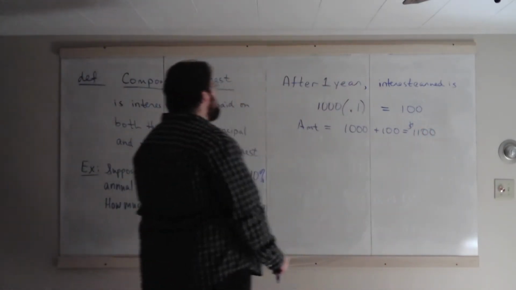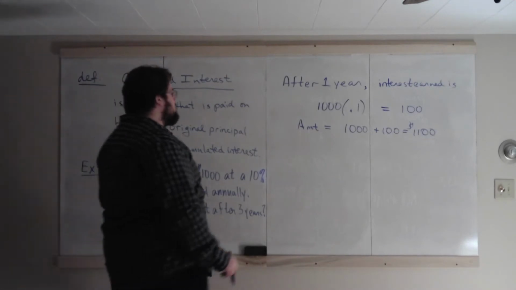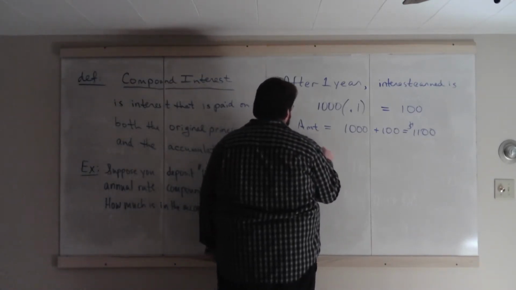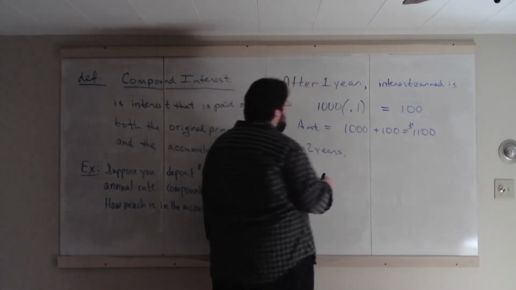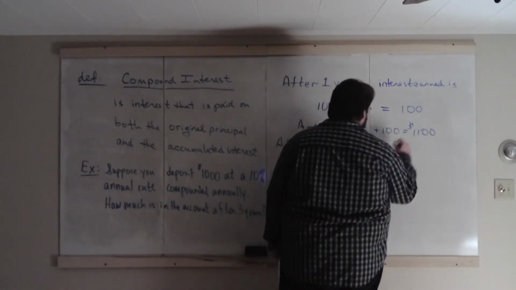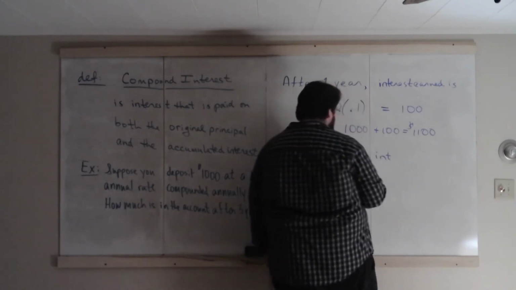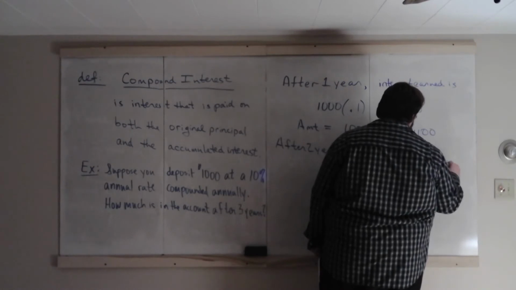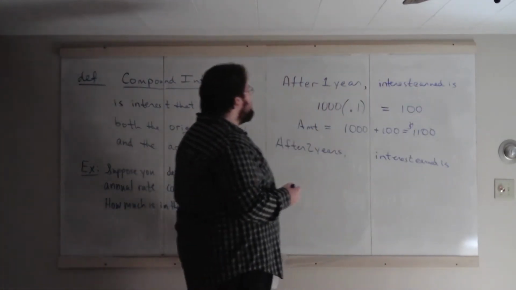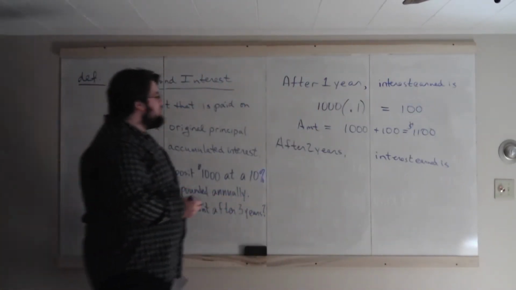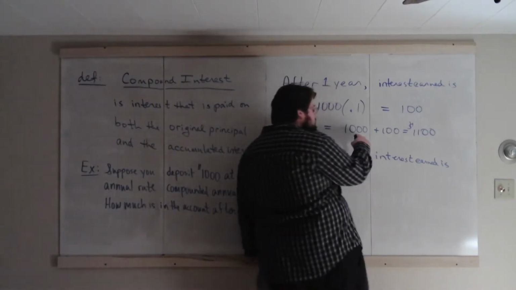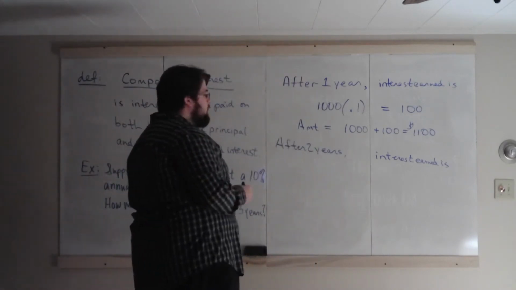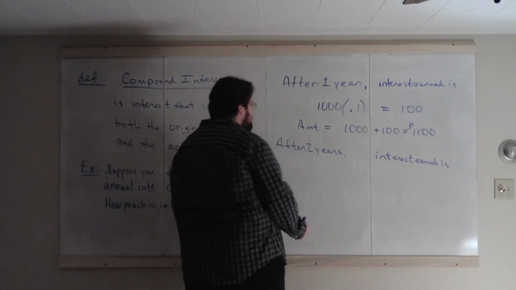Well, that's great. What about after 2 years? Well, let's again find the interest earned and then add it to the 1,100 that you had at the beginning of year 2. Interest earned is, now this is compound interest, so the interest is going to accumulate on the original 1,000 plus the 100 of interest from year 1.